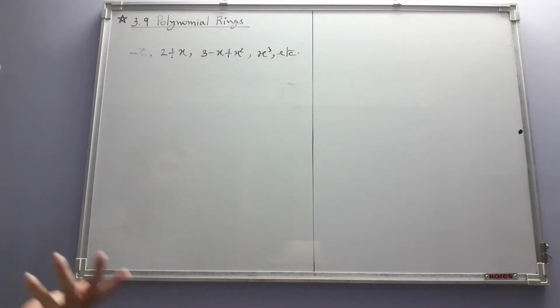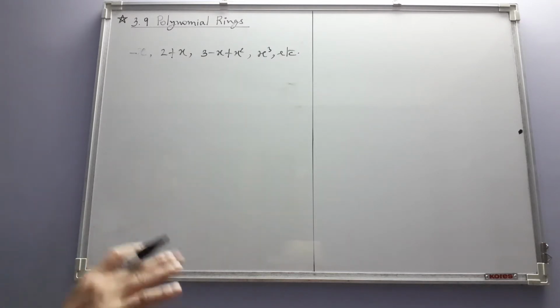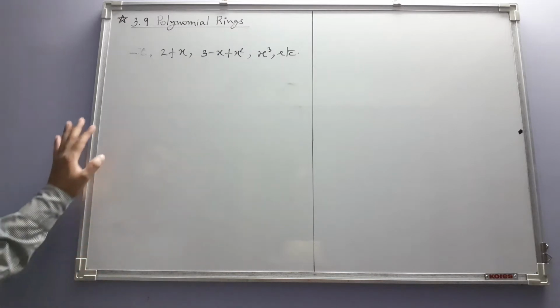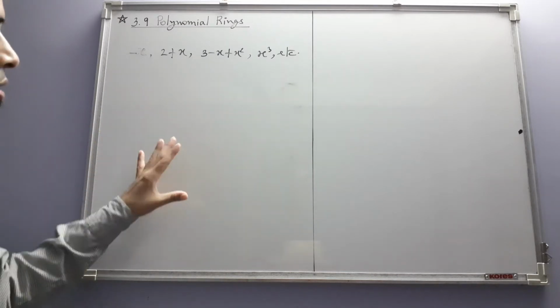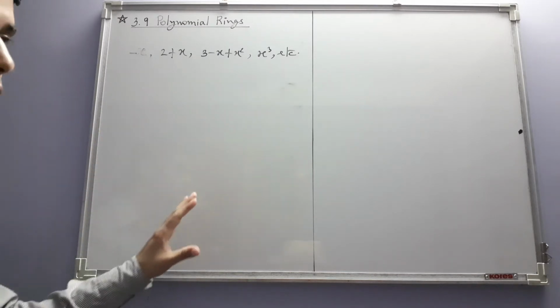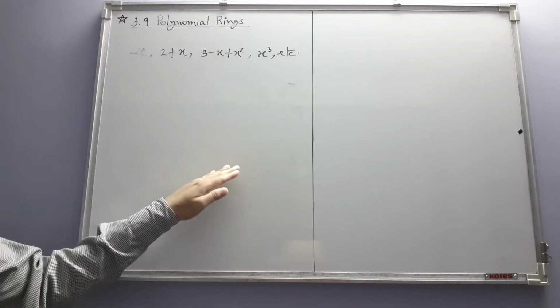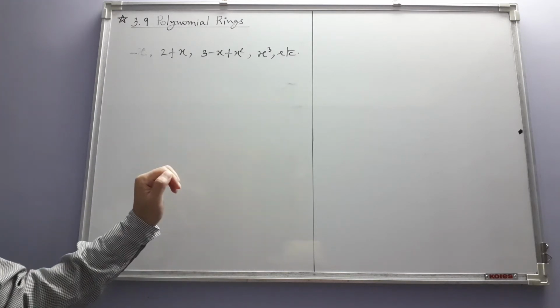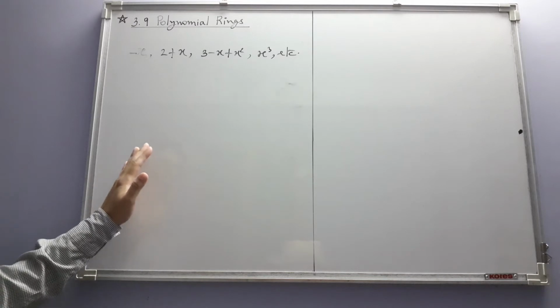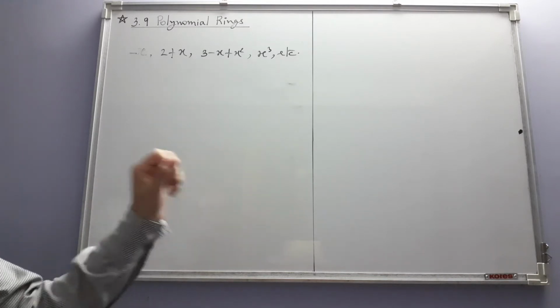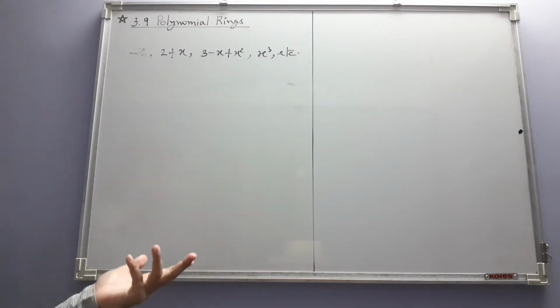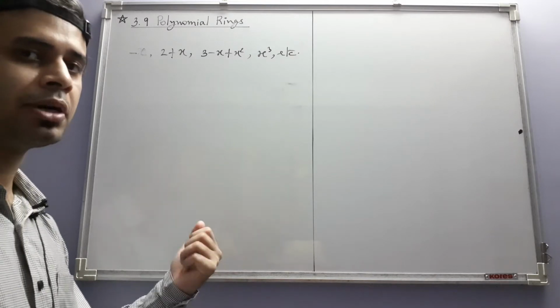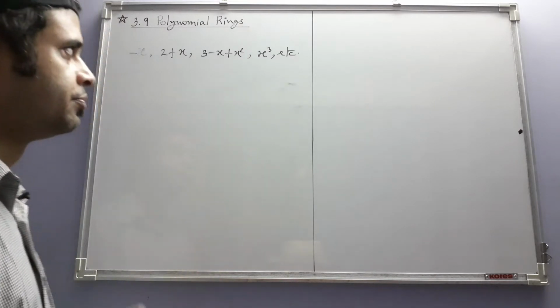They can be differentiated and integrated. So we saw the calculus of polynomials. But in this study of polynomials, we are not going to look at them from these two perspectives. For us, polynomials will be elements of a ring, and we will be concerned about algebraic properties of that ring.